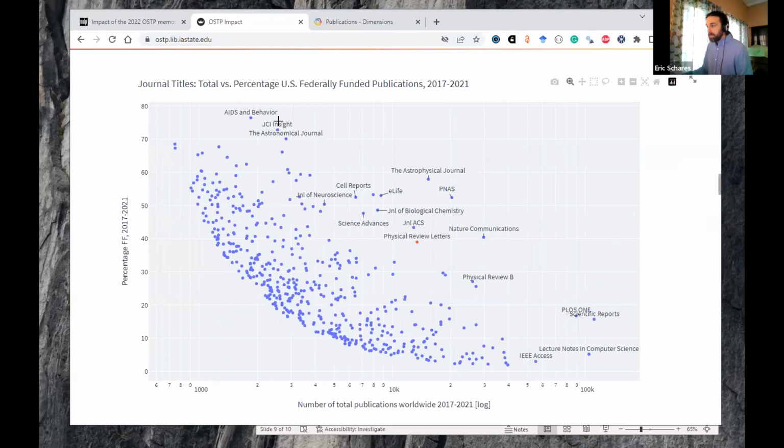Here we have AIDS and Behavior, JCI Insight, the Astronomical Journal with the highest percentages, all over 70%. And those high volume destinations over here, PLOS One, Scientific Reports, are down around 15, 16%. Lecture Notes in Computer Science is at 5%, and IEEE Access is at 3% of federally funded research.